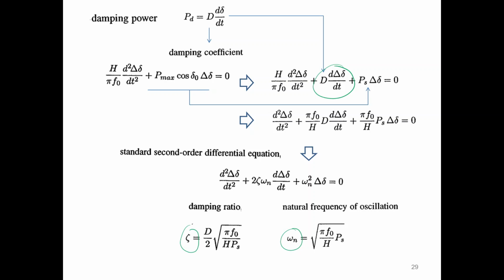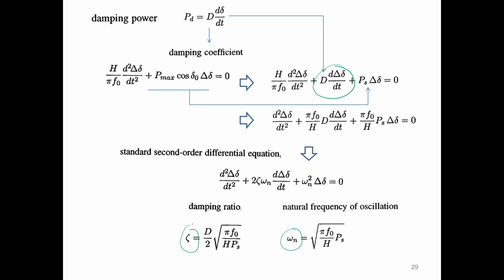If the damping is exactly the same as the natural frequency, this is the case of critically damped. If the damping ratio is greater than the natural frequency, this is overdamped, and in the other case, where damping is less than the natural frequency, you get the underdamped case.